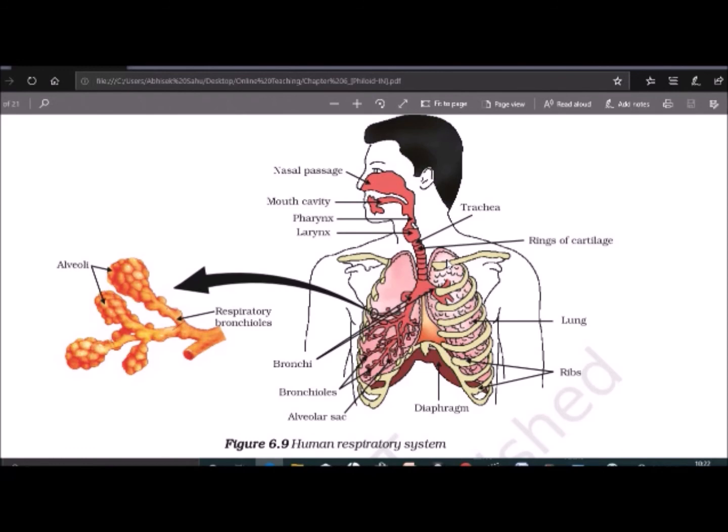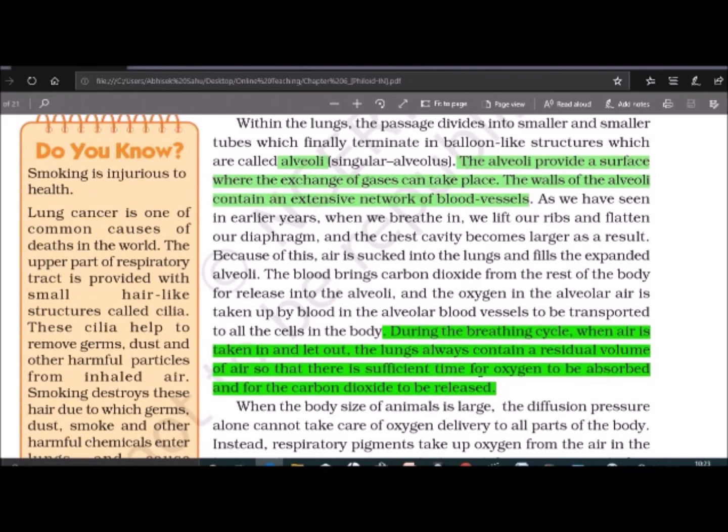The trachea, the primary, secondary and tertiary bronchi and initial bronchioles are supported by incomplete cartilaginous rings which prevent the air passage from collapsing. Each terminal bronchiole gives rise to a number of balloon-like structures called alveoli, which are moist and thin-walled, having a lot of tiny blood vessels through which the gases are exchanged.